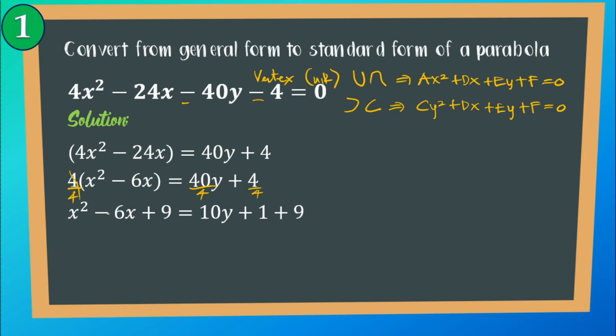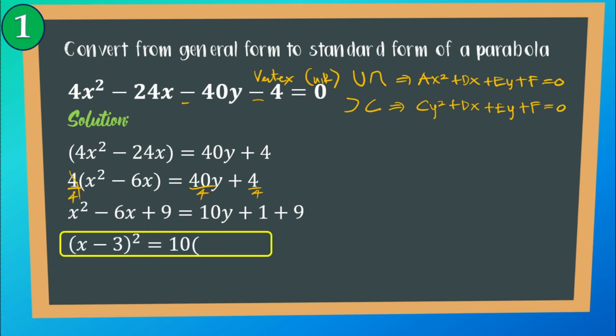Now, we have a perfect square trinomial. So, ang gagawin natin, let's factor this out into a square binomial. So, magiging x minus 3 squared equals 10y plus 1. Bakit naging 10y plus 1 to?